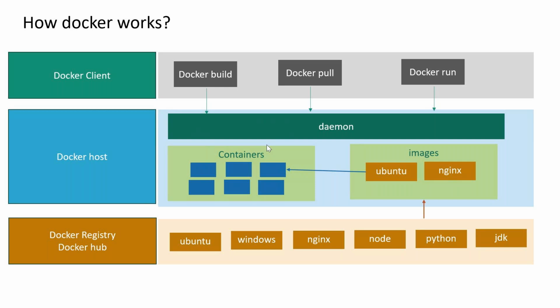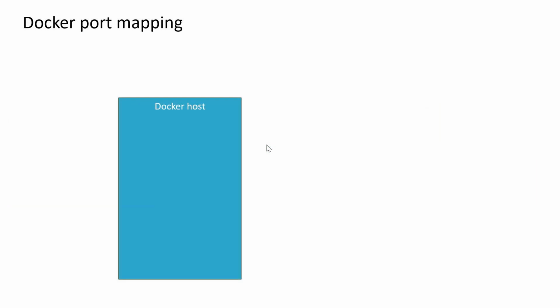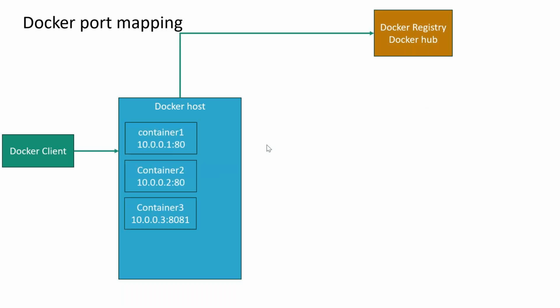Perfect. Now, once we are done with this one, there is one more component, which is the Docker host. How network monitoring or network port management actually happens inside Docker is something we have also discussed. I'll just give you a quick glance again. When you have a Docker host and we connect with the Docker client, we can also connect with the Docker Hub. But internally there are multiple containers running.